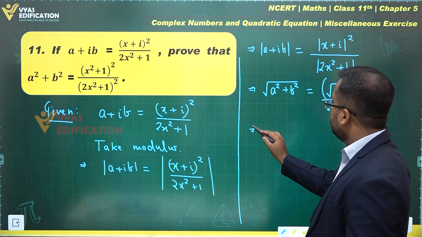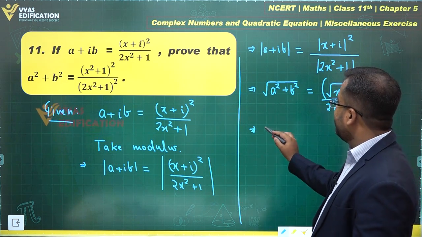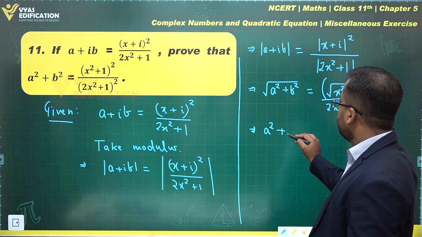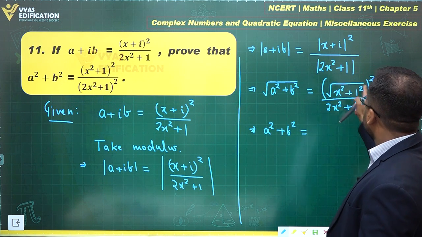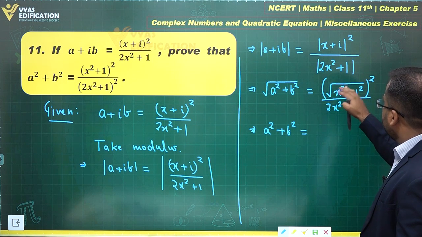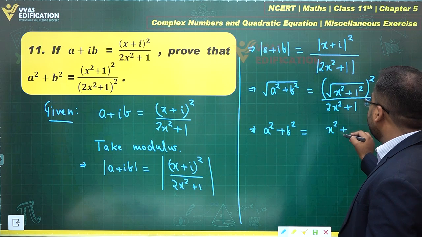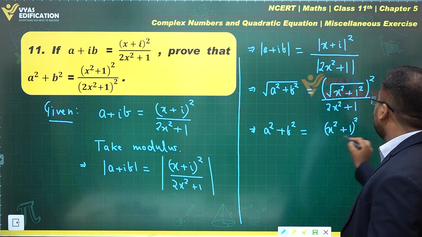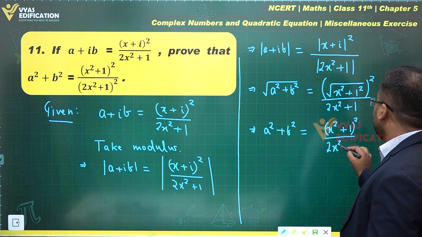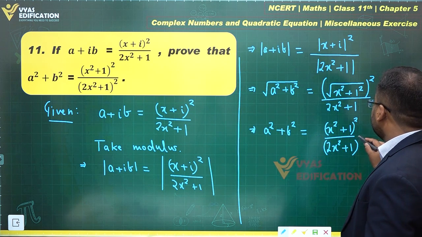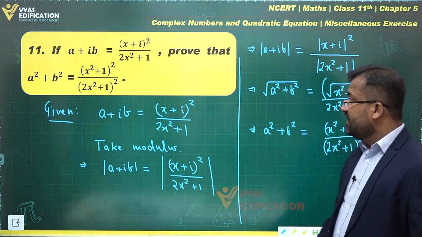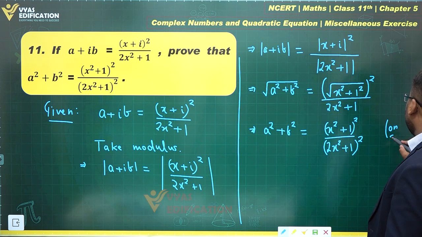Okay, what next? Now we can square both sides and we get a square plus b square is equal to, this is actually x square plus 1, the square root squared would be actually x square plus 1 only, and on squaring you will get (x square plus 1) whole square, divided by 2x square plus 1, and again on squaring you get this.